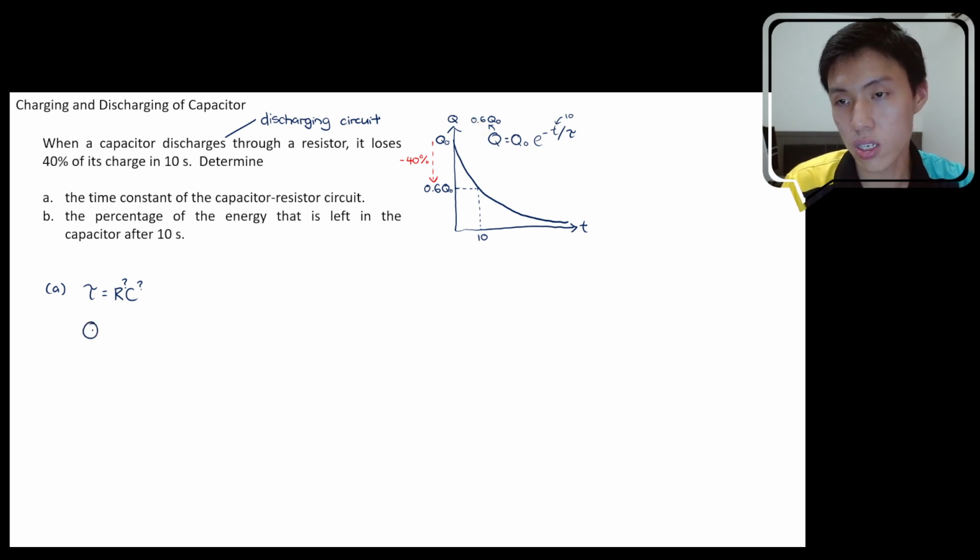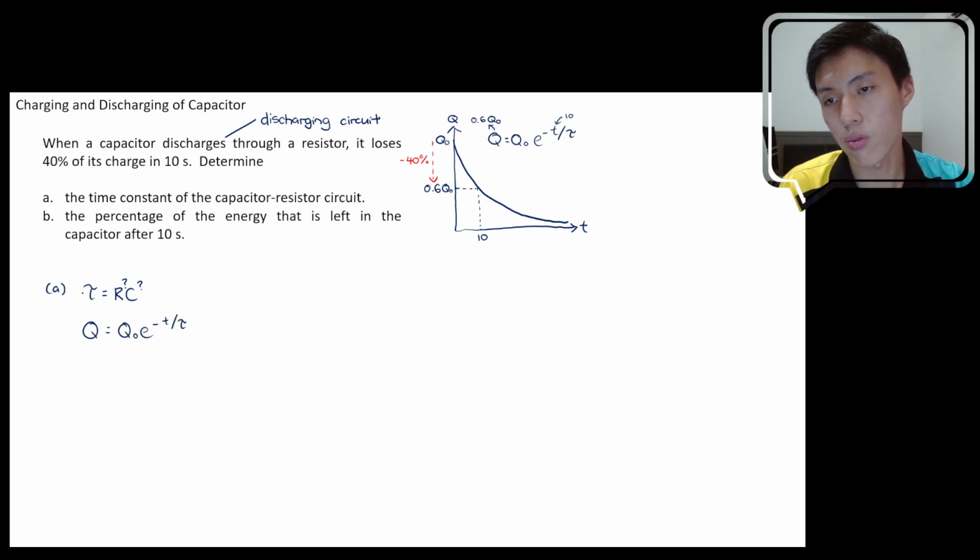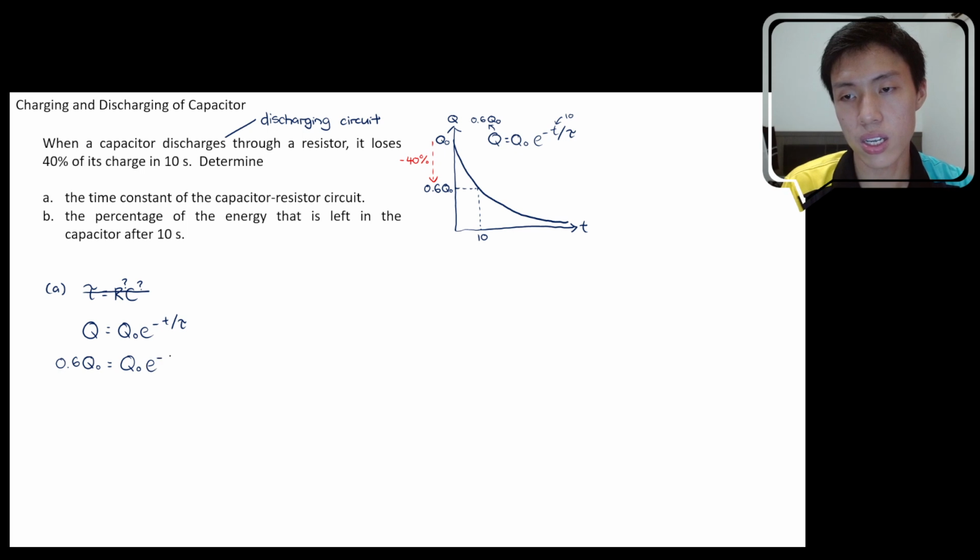So Q equals Q naught e to the negative t over tau. I'm going to remove this because it's irrelevant for this question right now. We know that at 10 seconds, you're left with 0.6 of the original maximum amount. So 0.6 Q naught is equal to Q naught e to the negative 10 over tau.